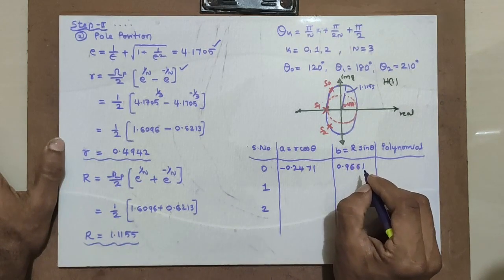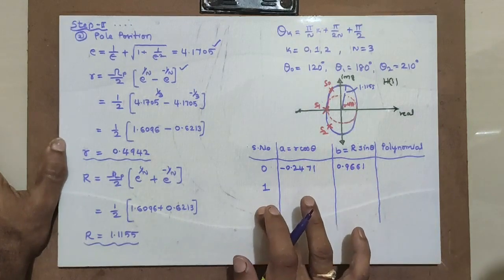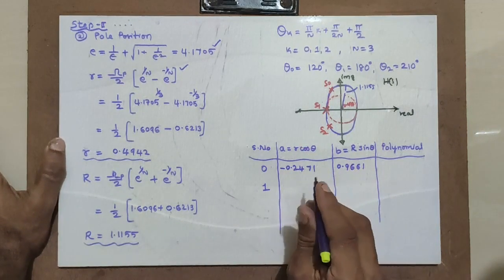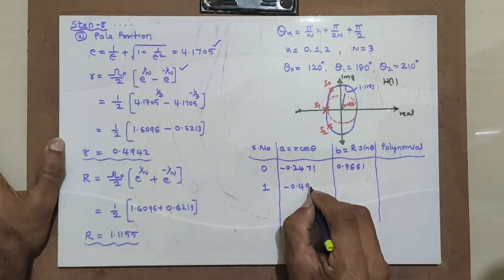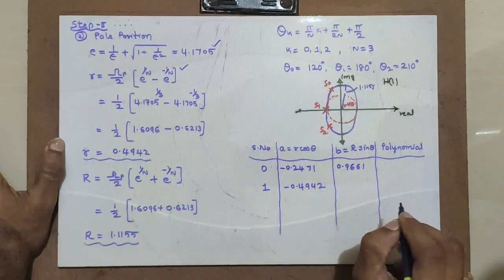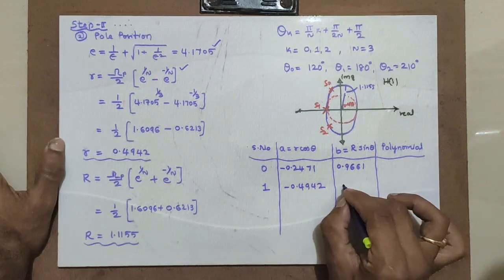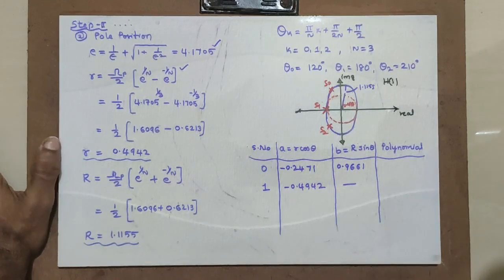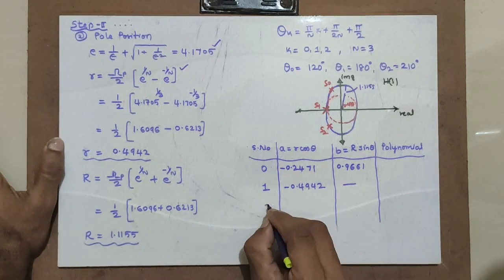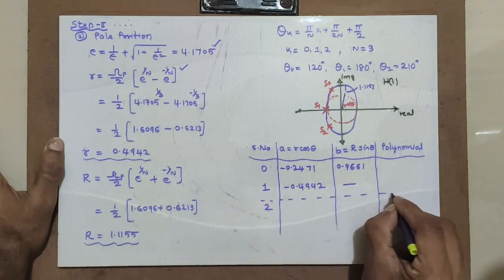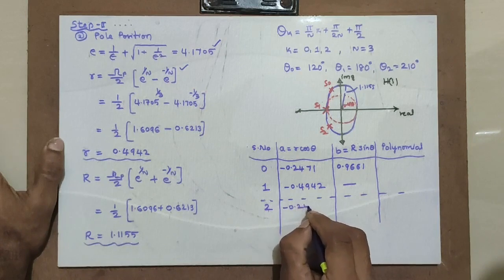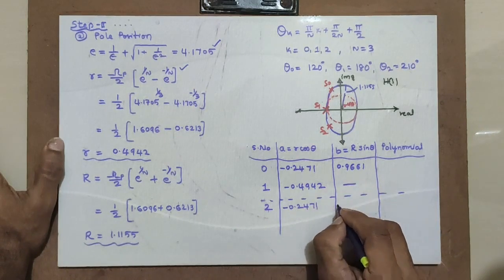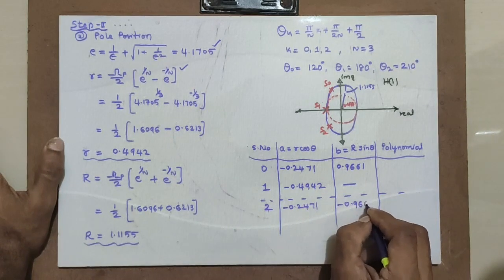And here it becomes minus 0.4942, and this will not be there. Now you see 0, 1, 2. The second pole has the same minus 0.2471, and B becomes minus 0.9661.